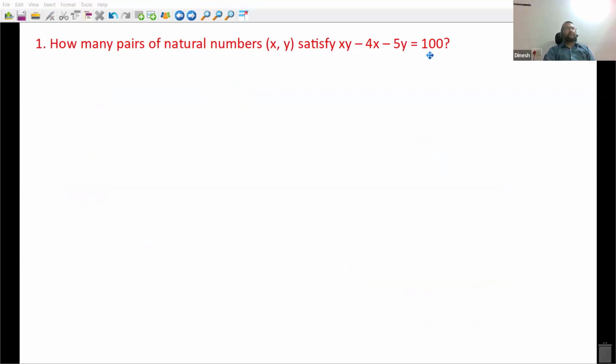X and y are supposed to be natural numbers. You can see that this is an intermediate step in the previous type of question. So the same method you need to follow, everyone. First step, factorize. For factorization, you need to make some adjustments. X and y are natural numbers.